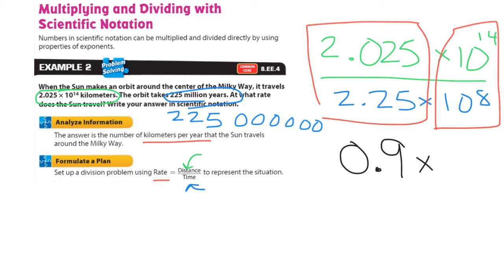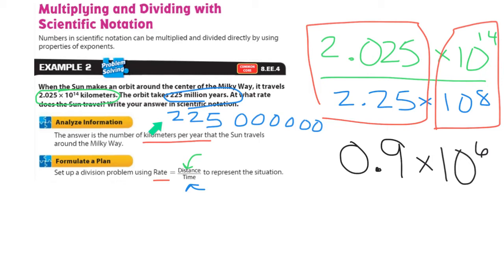And use your rules for the same base with exponents and you're dividing. You subtract. 14 take away 8. Well, that's going to give me 10 to the 6th power.